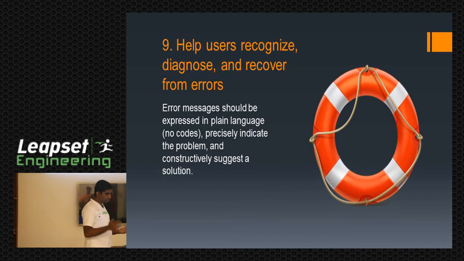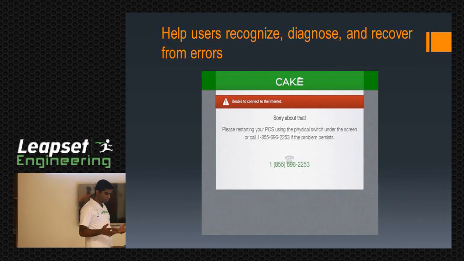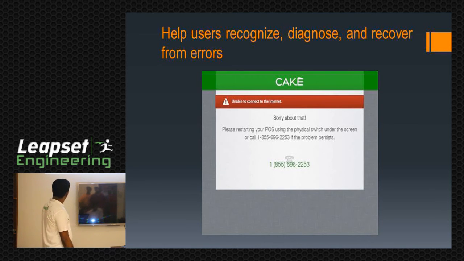This says your error messages should be expressed in plain language to help your user understand better, rather than putting some error code and giving no options to follow. This is one of our software: when the machine can't connect to the internet, it tells the user how to recover from that situation.